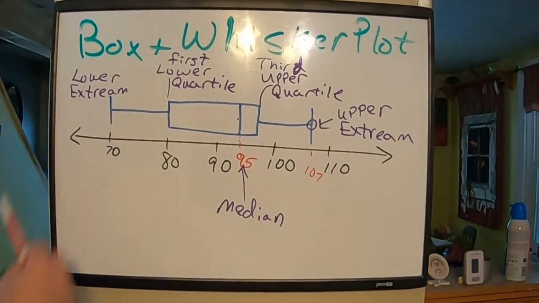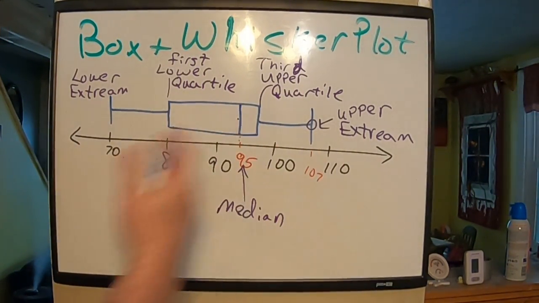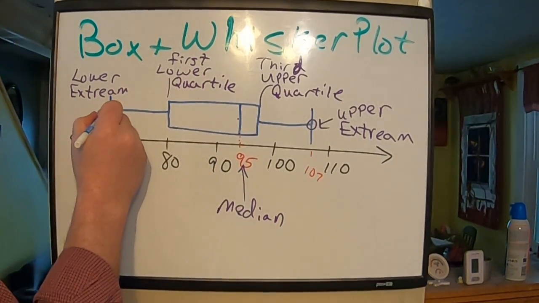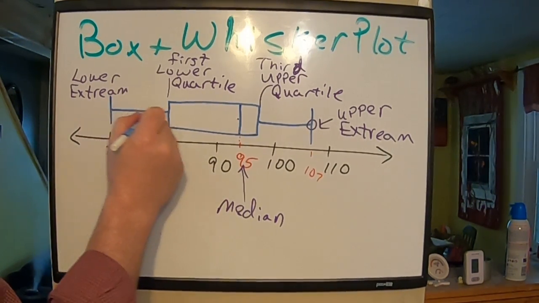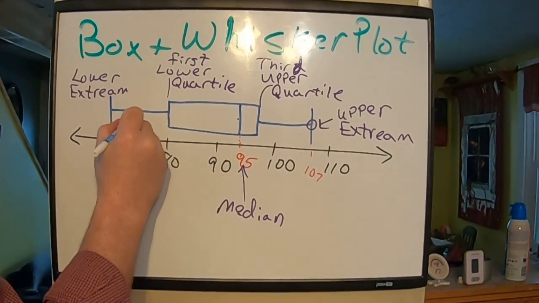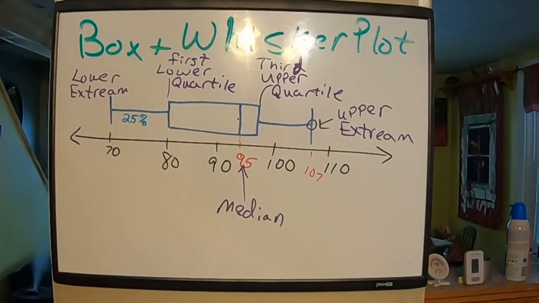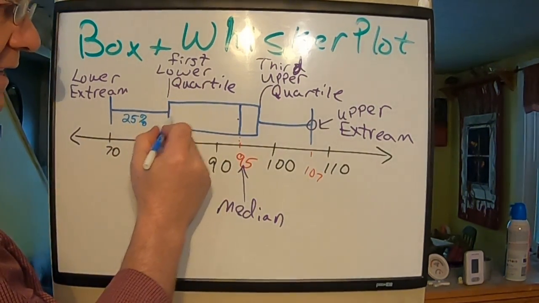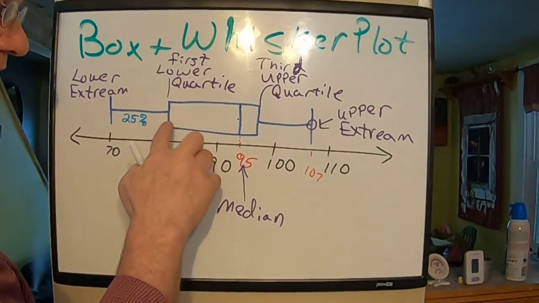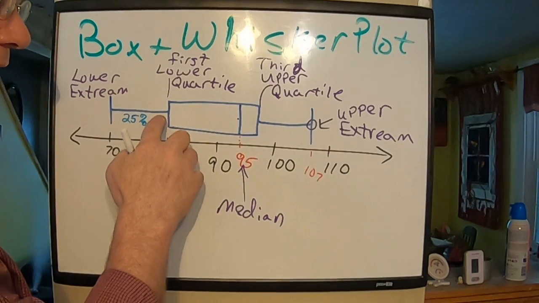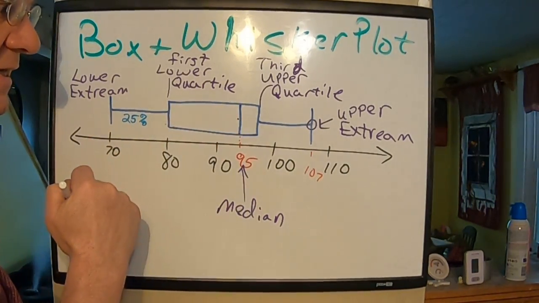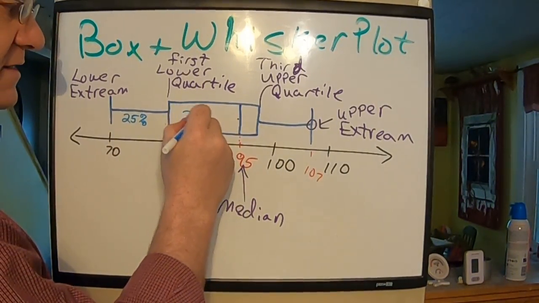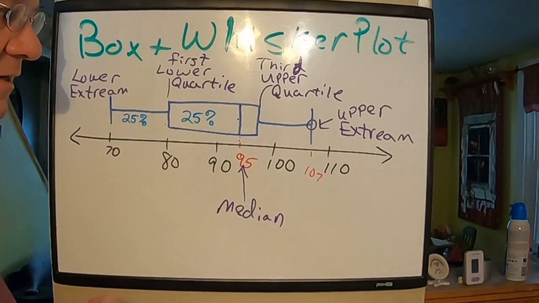And then what's interesting to me, and most important about a box and whisker plot, is the distance from this spot to here is 25% of the data. From the 80 to, in this case, the 95, from the lower end of the box to the median is 25% of the data.